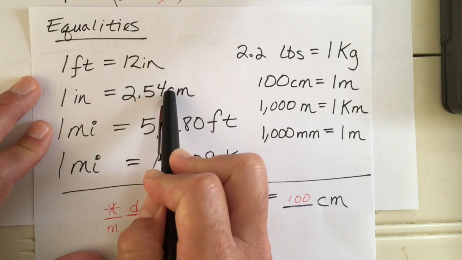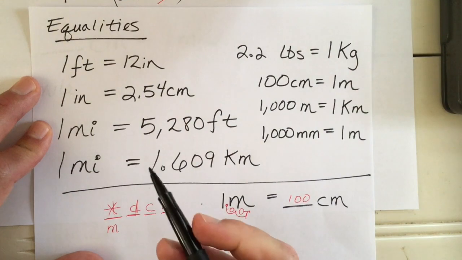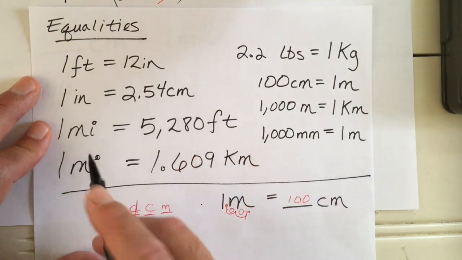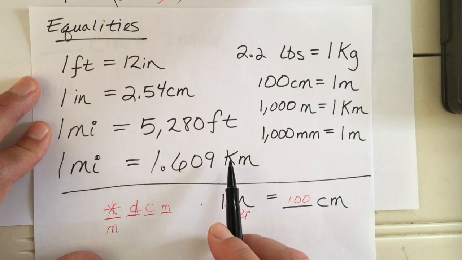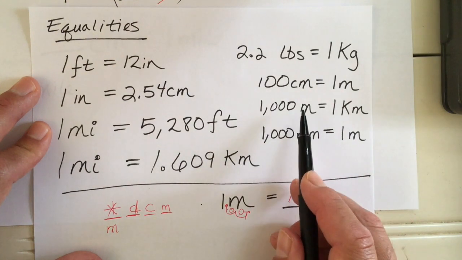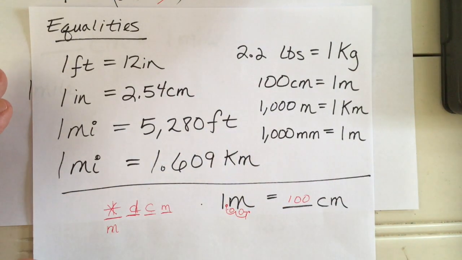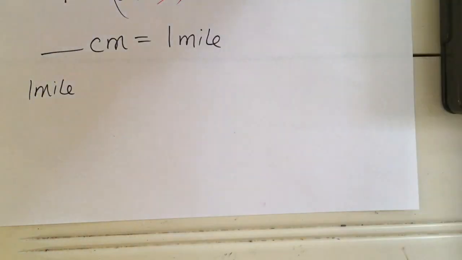Inches to centimeters, there's 3. What about another way to do it? You see any other ways? What if we went from miles to kilometers, kilometers to meters, meters to centimeters? Aha, that'd be 3 conversion factors again. So you get the idea, right? And let's take a look at how this works.